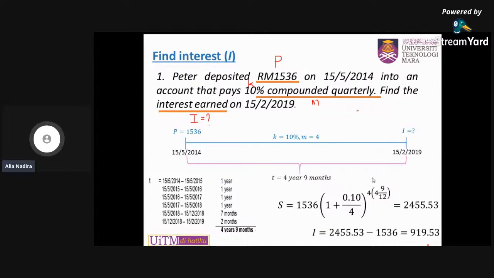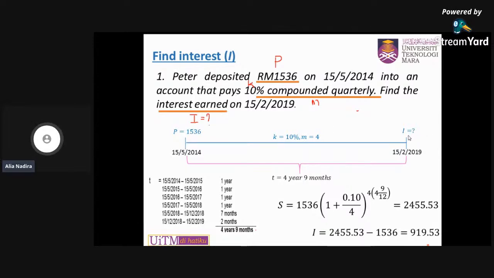Okay, so basically this is your timeline. Let's say you want to draw, you can draw. If you don't want to draw, no problem. It's up to you. So what is your P? Principal is this one. On 15th of May 2014, you have 1536 deposited.